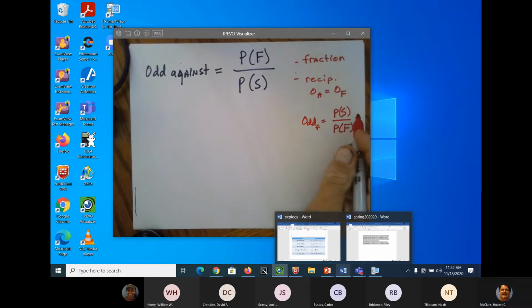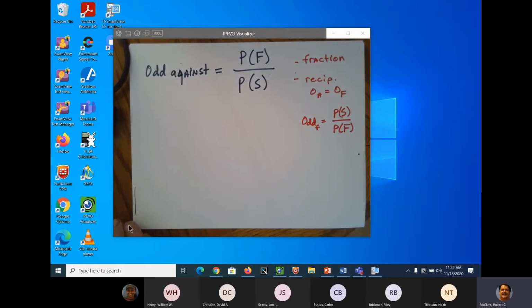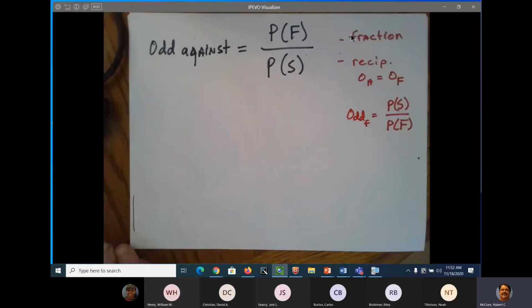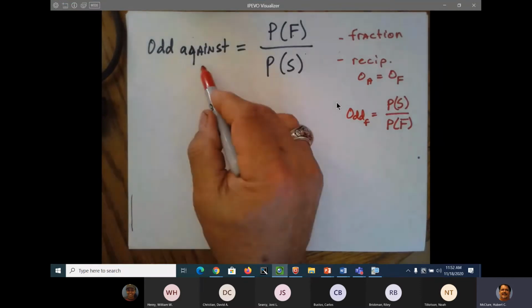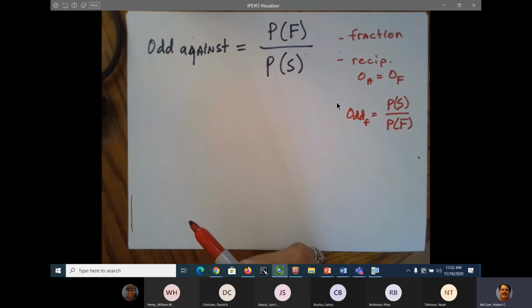Now, you might be asked the odds in favor on a test or a homework question, but 90% of the time, in a gambling question, they're going to ask for odds against. Okay, so that's what I'm going to harp on.